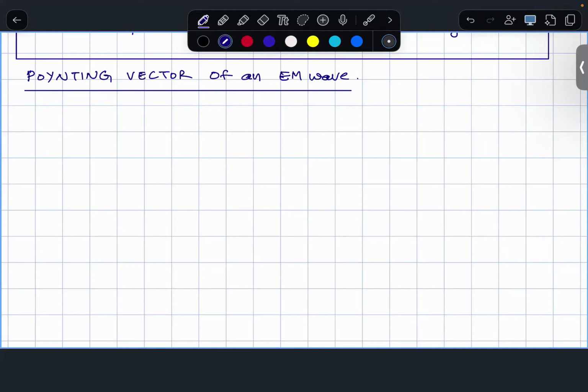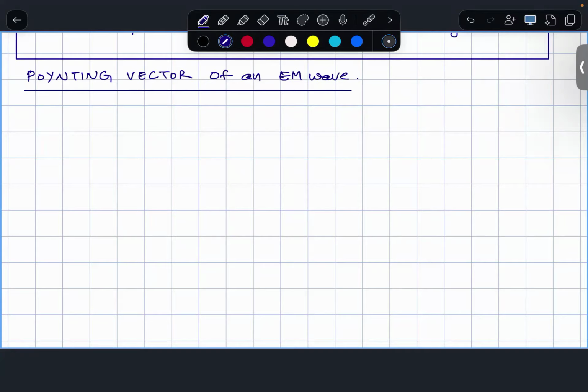What exactly is the Poynting vector? I am not teaching anything new from intensity. It is a vector quantity. It shows you the direction along which the electromagnetic wave is propagating. It gives you the amount of energy propagating per unit time, per unit surface area. Already I taught you intensity. This is a vector quantity.